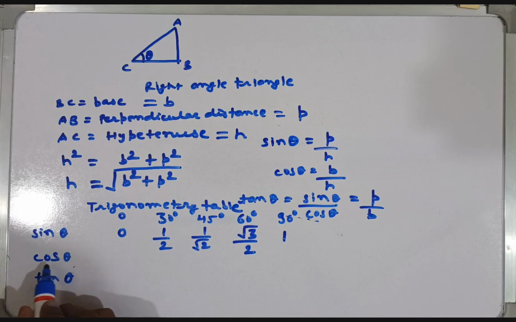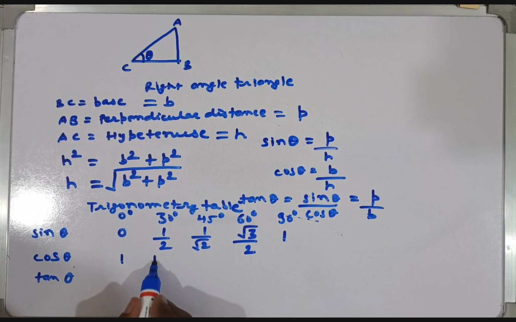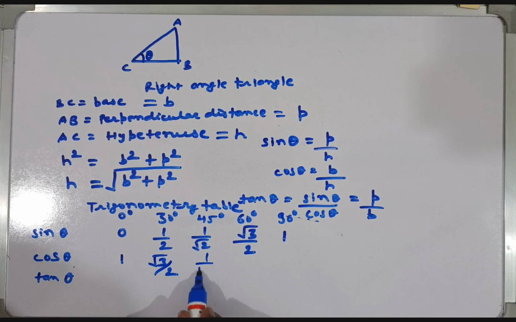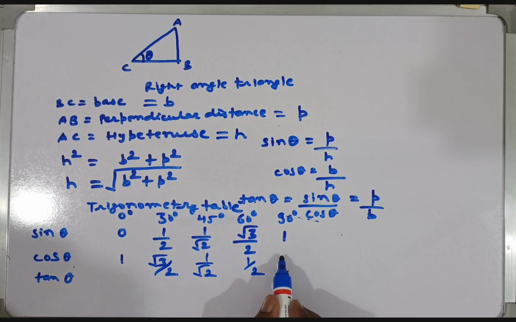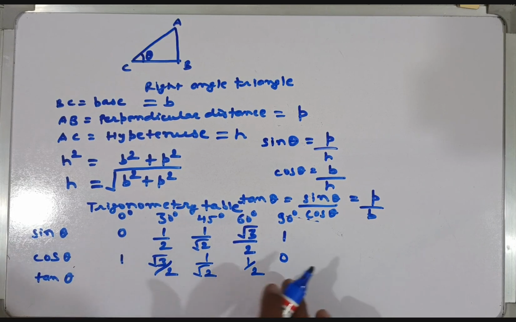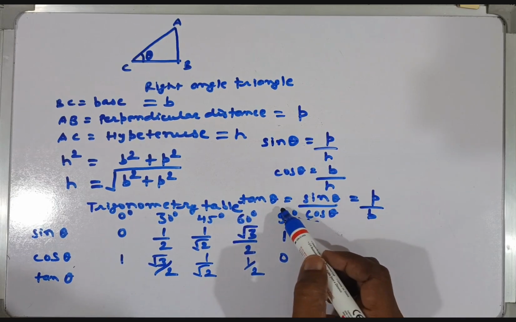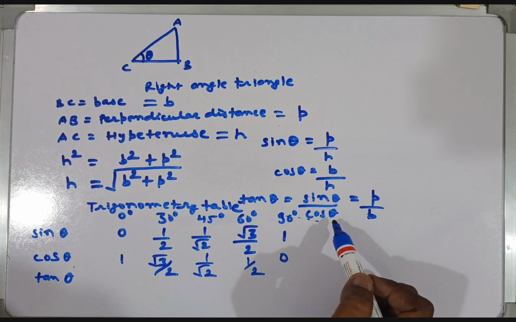Cos 0 degree equals 1, cos 30 degree is root 3 by 2, cos 45 is 1 by root 2, cos 60 is 1 by 2, and cos 90 degree equals 0. As you know, tan theta equals sin theta by cos theta.